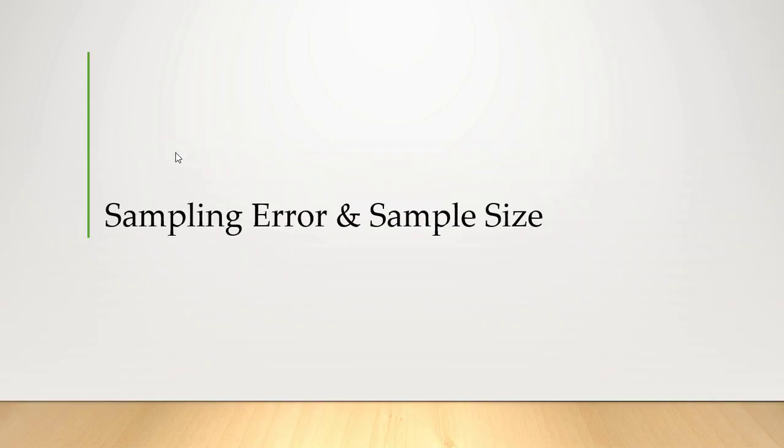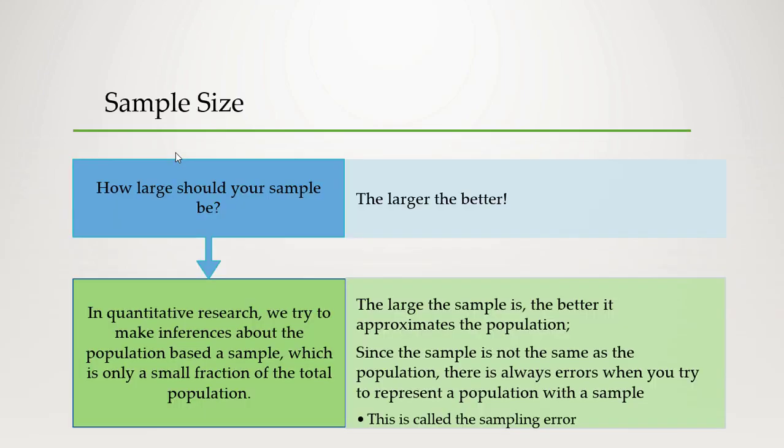Our last topic in this video is about sampling error and sample size. Remember I said that the larger the sample is, the better. It's a point easy to explain. In quantitative research, our goal is to make inferences about the population based on the data collected from samples. The larger the sample, the closer it is to the population we're trying to study.